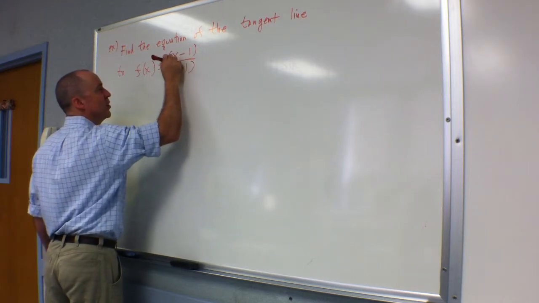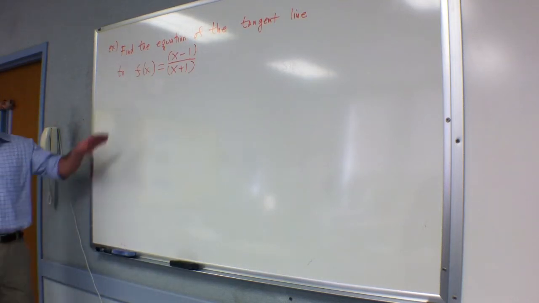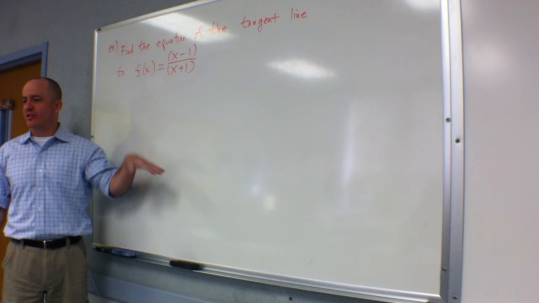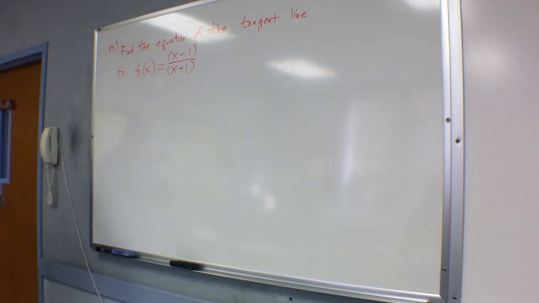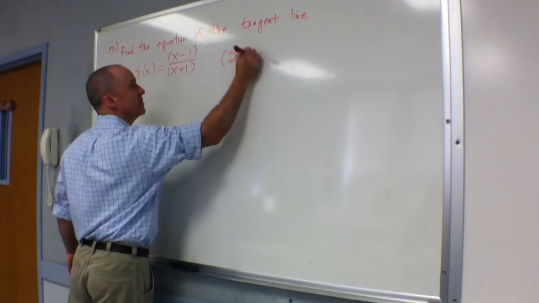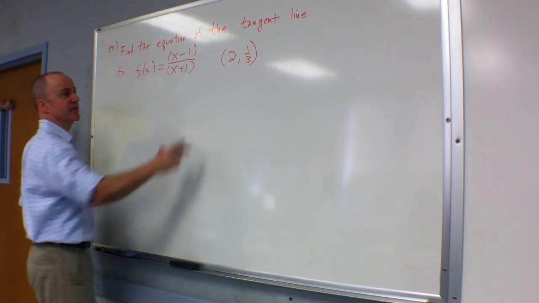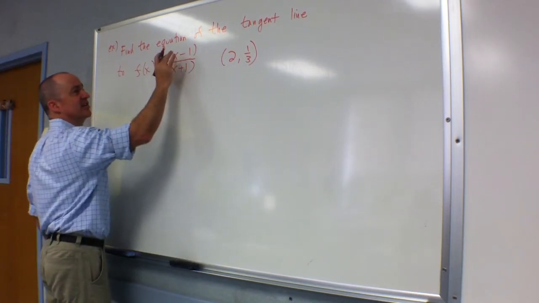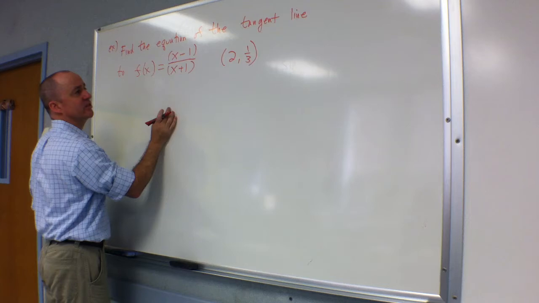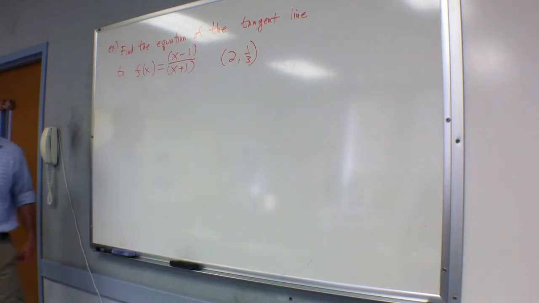Now if you're asked to find the equation of a tangent line, just giving you the function isn't enough because this function has an infinite number of tangent lines always touching it somewhere. So I have to say at the point 2, 1/3. Quick double check, is that point really on this graph? I put in 2 for x, 2 minus 1 is 1, 2 plus 1 is 3, y does equal 1/3.